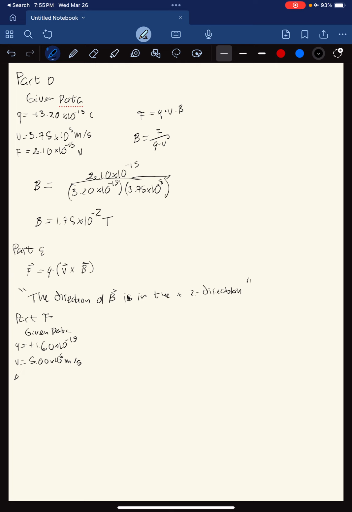We have the magnetic field, 0.300 Teslas, and the angle is 90 degrees because the velocity is perpendicular to the field, right? The formula we're going to use is the magnetic force equals the absolute charge multiplied by velocity, multiplied by magnetic field, multiplied by sine of the angle.